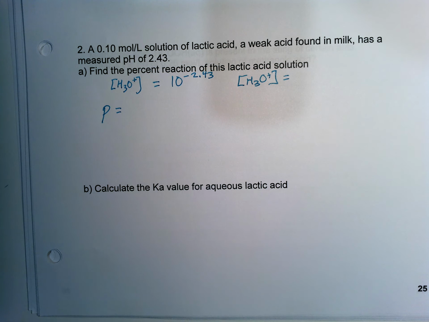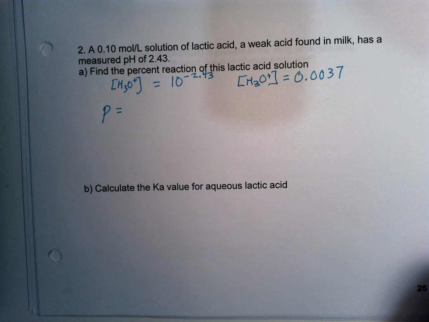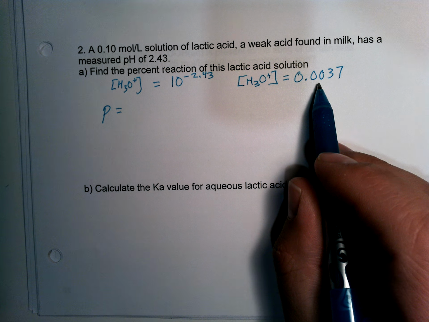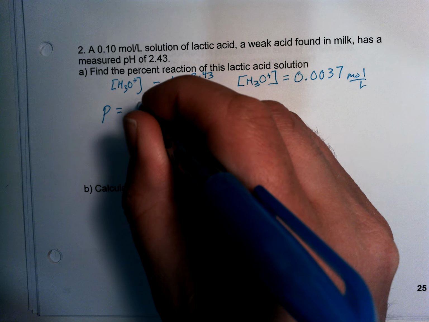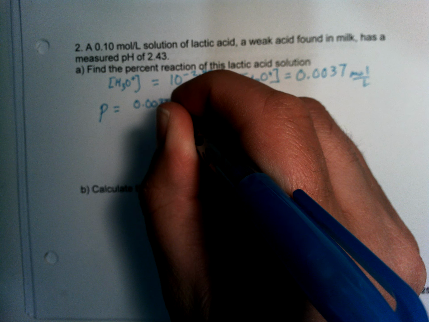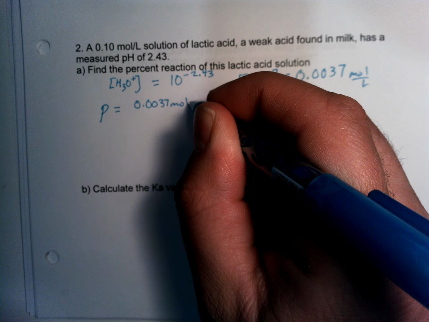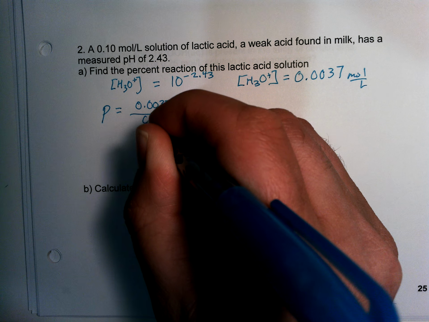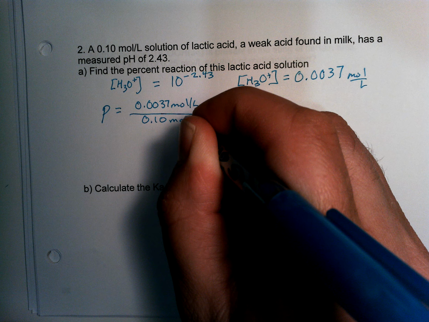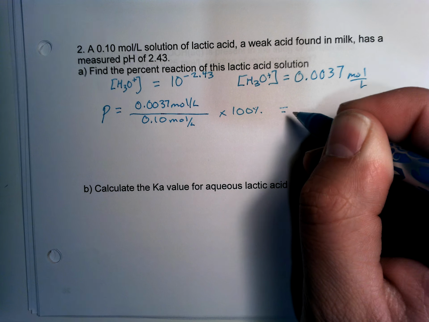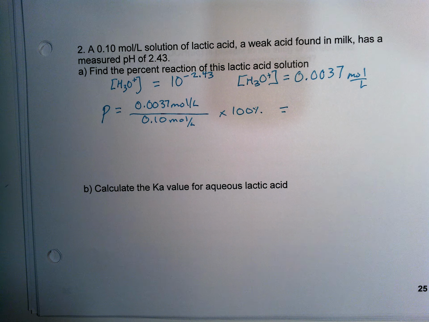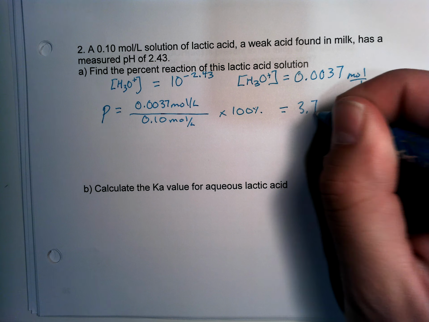So our hydronium concentration is 0.0037 moles per liter. Now we can put that number in here: 0.0037 moles per liter, divided by 0.10 moles per liter, times 100%. And so we get 3.7%.